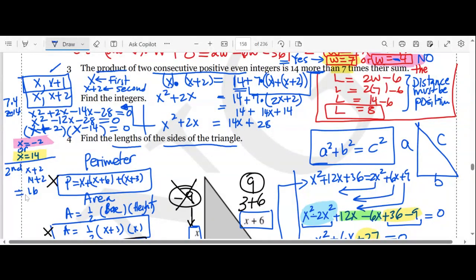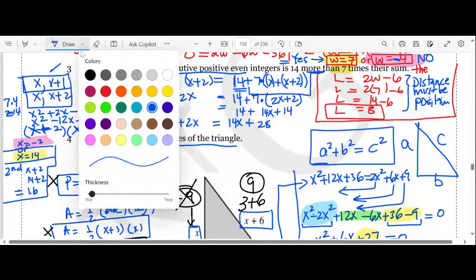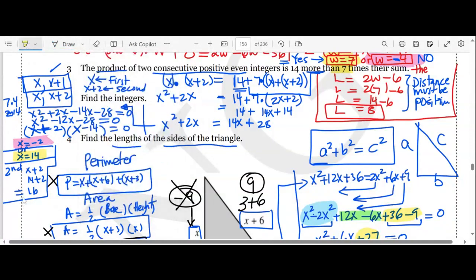So your second number is what? 16. Is this clear or not clear? Yes. Okay, so I'll give you time to copy this.